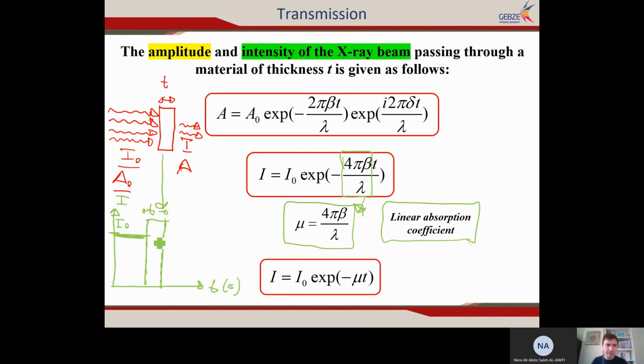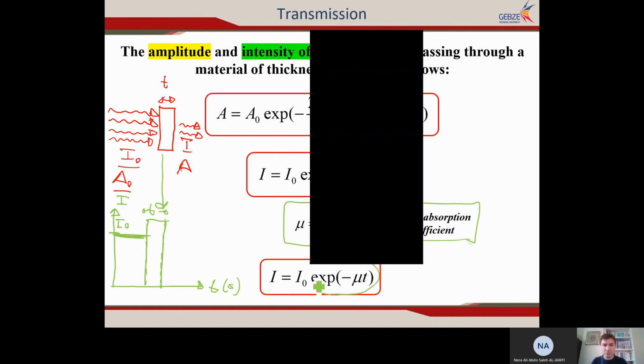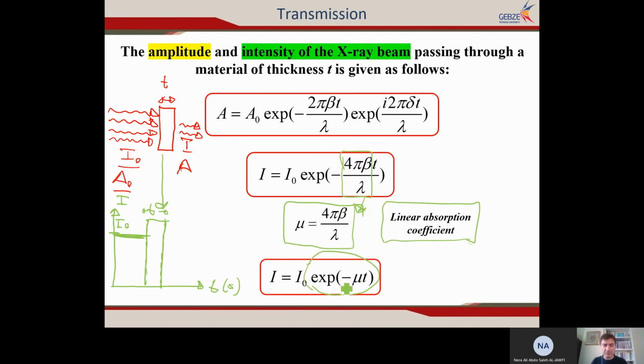Whenever they enter into this material, with this relation, look at this one, e to the power of minus mu T. So this is this kind of decrease, right?